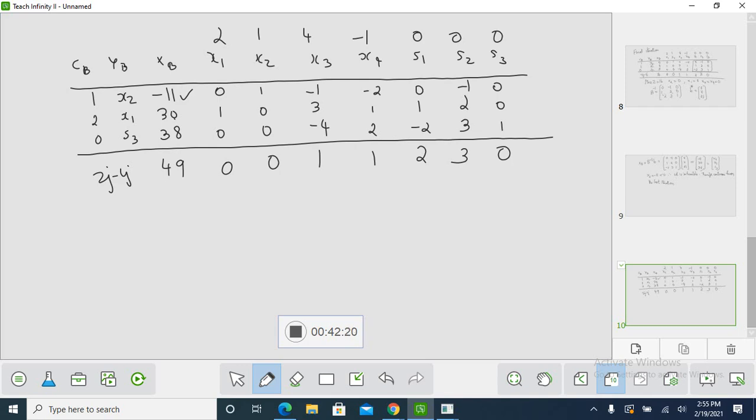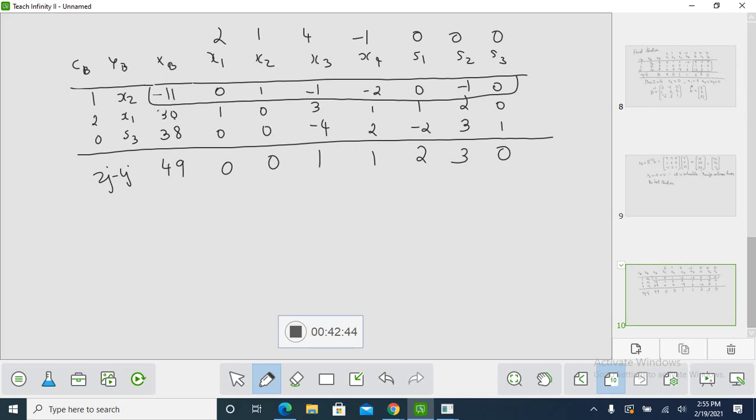The key row is the row corresponding to x2. Therefore, this will become my key row. Am I right? So this will become our key row.